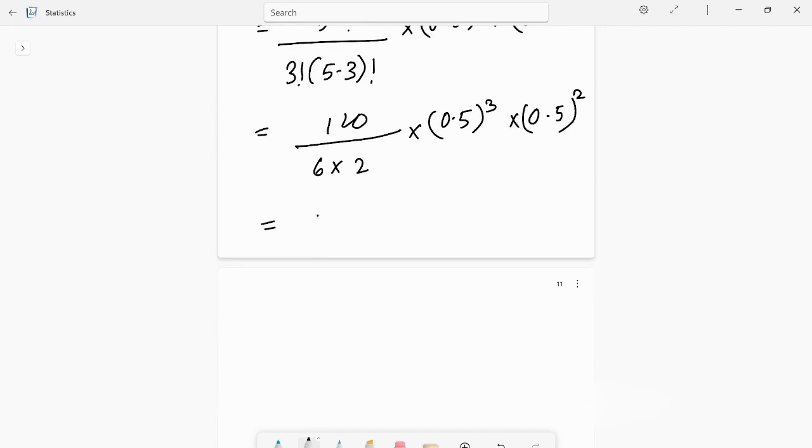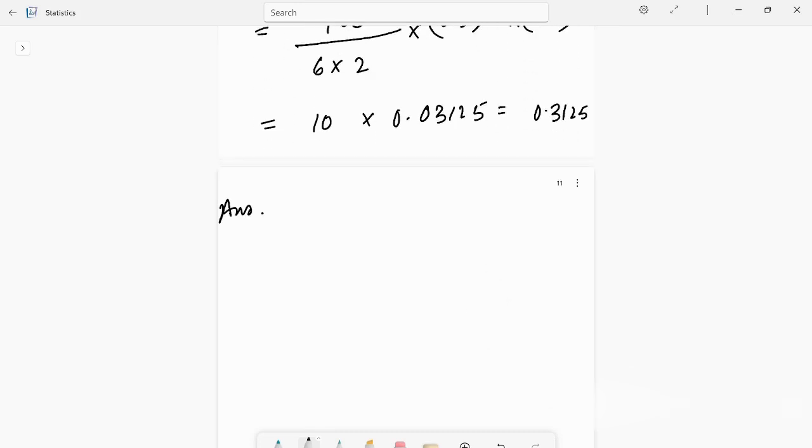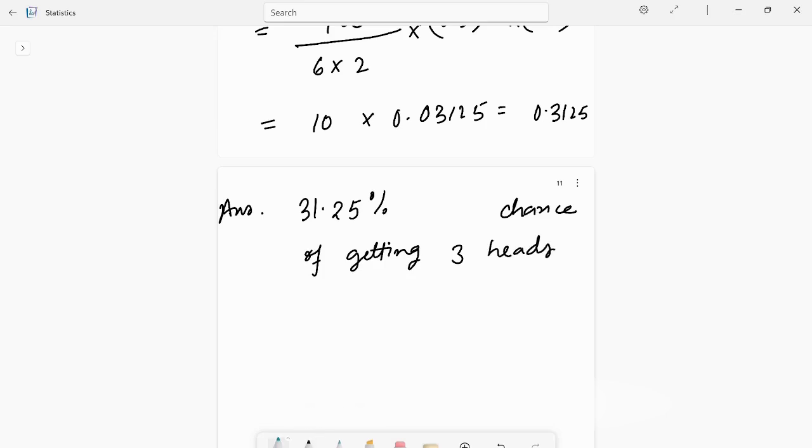The answer should be 10 times 0.03125, which is 0.3125. So the answer is a 31.25% chance of getting 3 heads. So this is our answer.